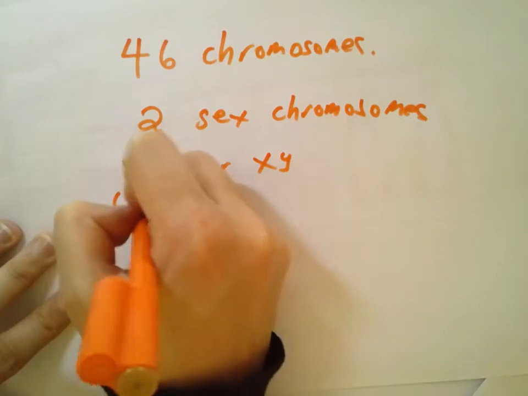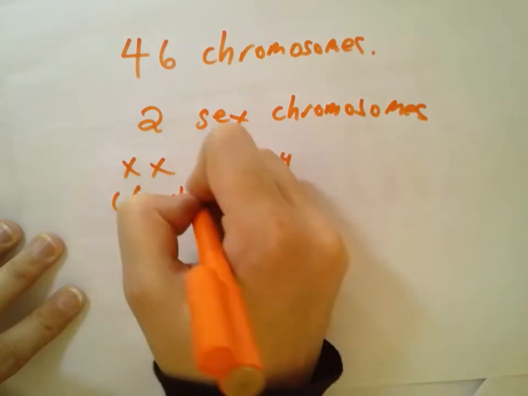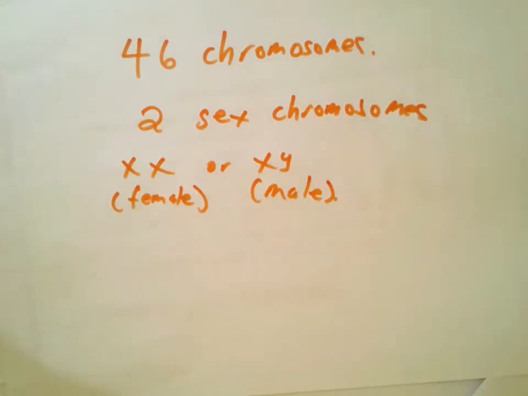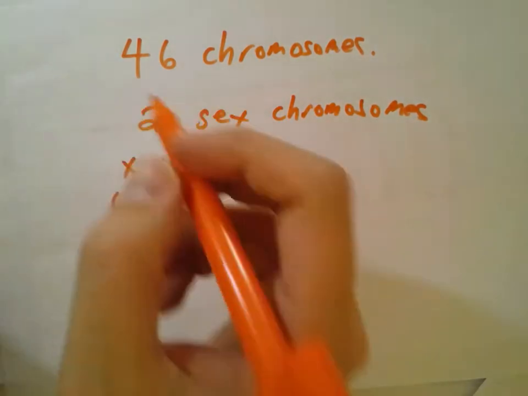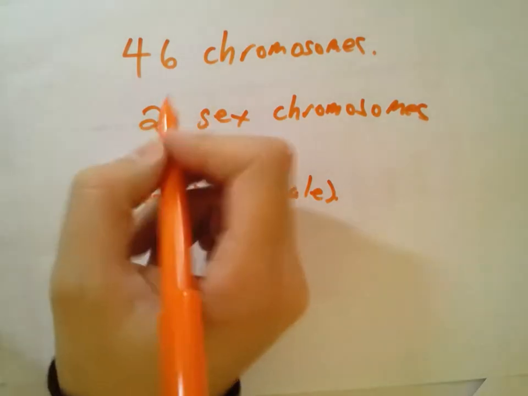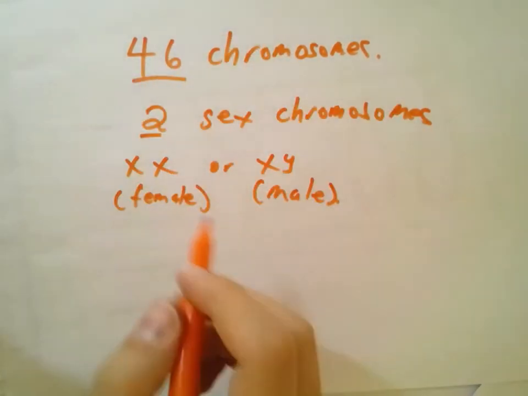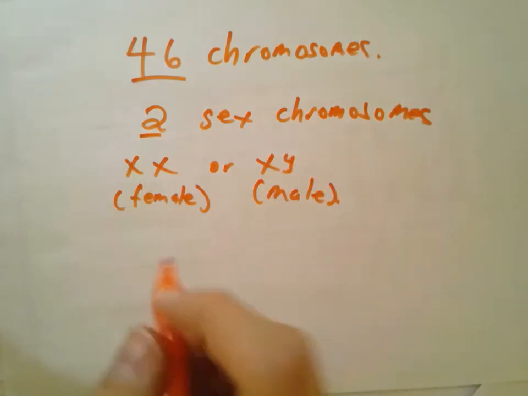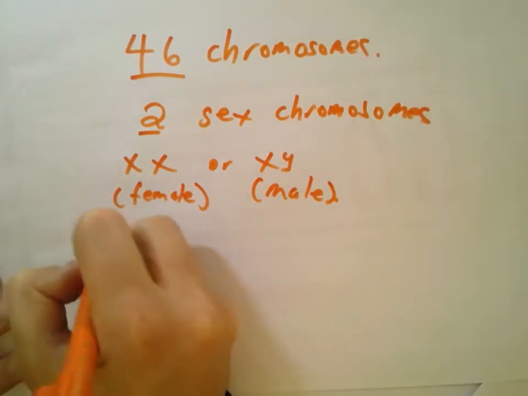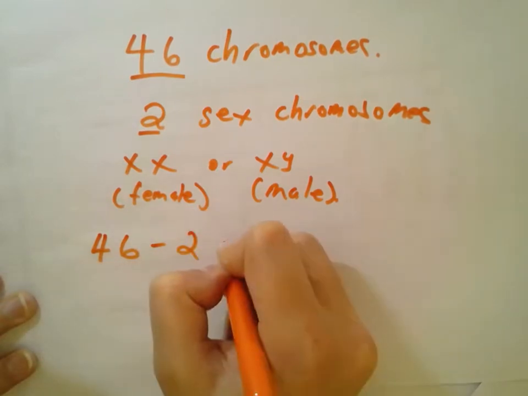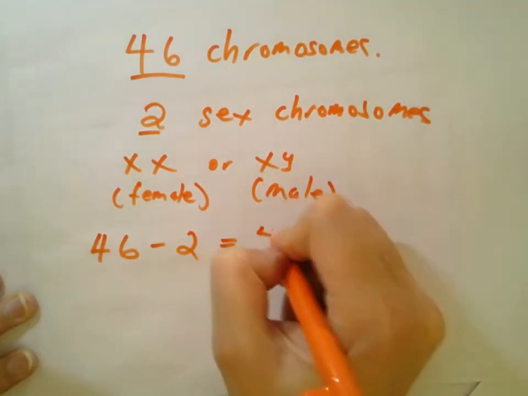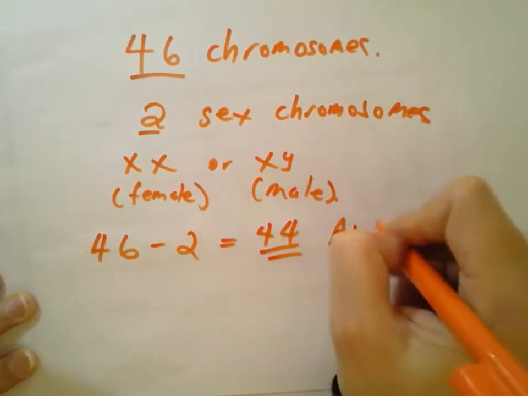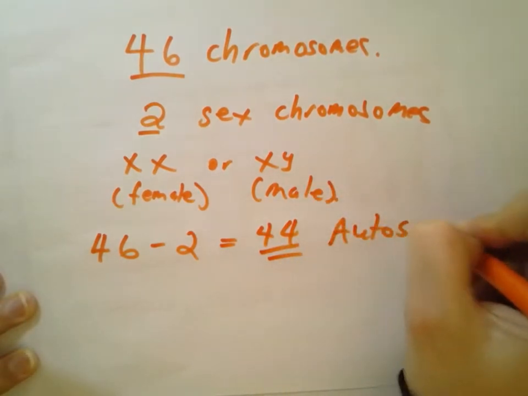XX is a female and XY is a male. So, question is, if we have two of those chromosomes out of the 46 that determine if you're a male or a female, we have 46 minus 2, which equals 44. The rest of these chromosomes are called autosomal chromosomes.